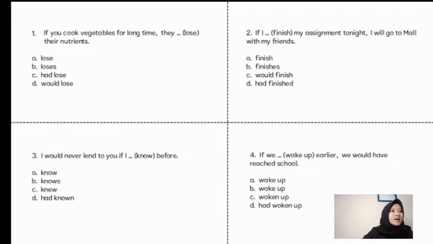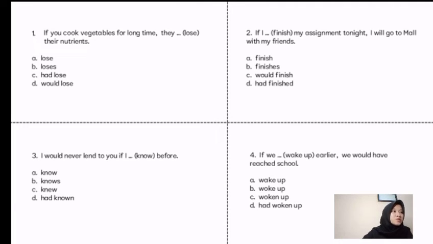Because in the subordinate clause, if you cook vegetables for a long time, this sentence uses simple present, right? But in the main clause, they blah blah blah their nutritions, it must use the simple present too, right? So the answer is lose, A. This is the type of zero conditional sentence.